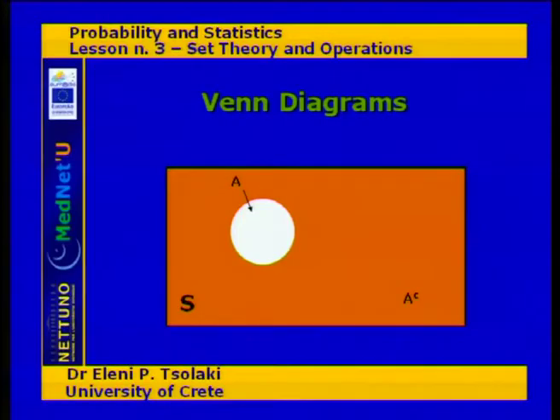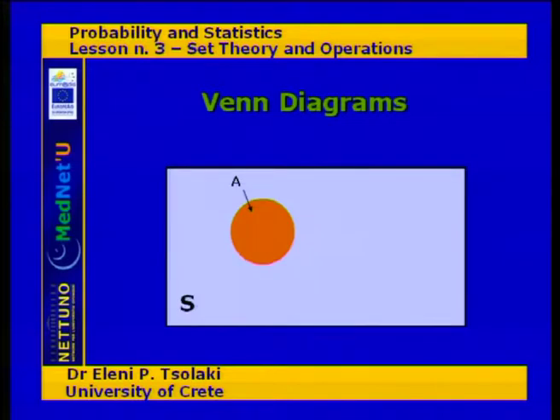So we introduce a new event. We go back to our original sample space, event A, and a new event could be event B. Note here that event A and event B could have some common elements.